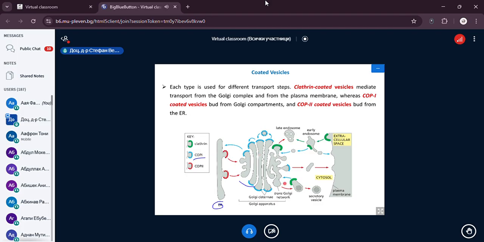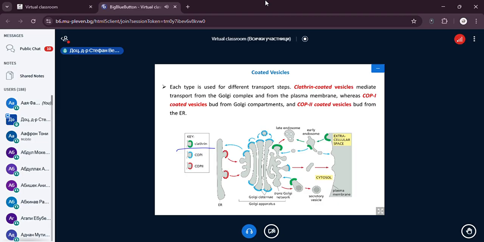And then from trans-Golgi network, clathrin coated vesicles are budding. Also, the plasma membrane during the processes of endocytosis also produces clathrin coated vesicles. And you see here the endosomal compartment between the Golgi complex and plasma membrane. So the clathrin-coated vesicles are the most well-studied vesicles in the cell.